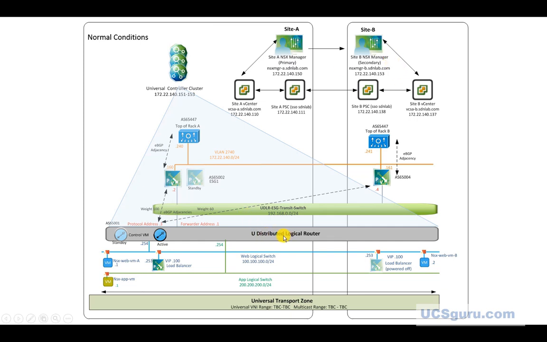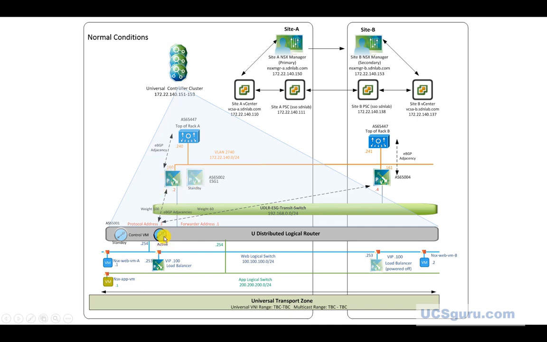Now that universal logical router has a control VM. That control VM is essentially a VM that handles all the dynamic layer 3 adjacency. So that would have your layer 3 dynamic routing adjacency, OSPF or BGP as it is in this case, with your tier 0 edges up there.